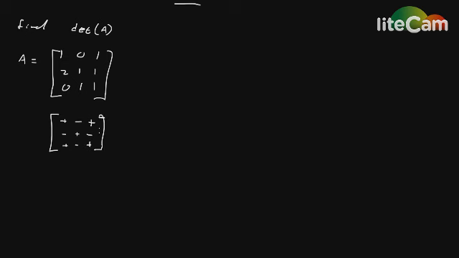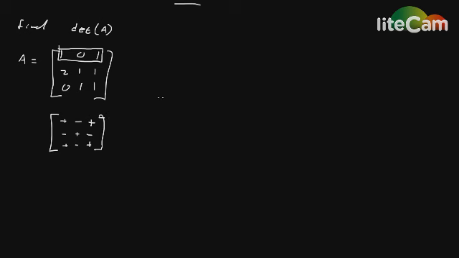We are just going to take the minors of the top row, so each of the elements in the top row. Then we're going to stick these signs in front of the minors, add them all together, and that is going to be our determinant. So let's start.